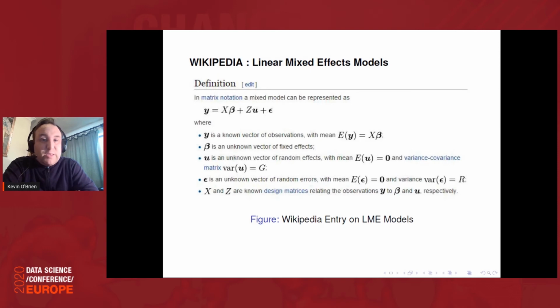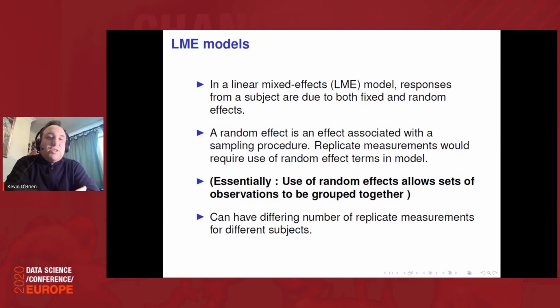Now, there's quite a lot to explain in that, so I'll just say that essentially random effects allow us to incorporate grouping in our modeling. For the purpose of method comparison studies, that's a sufficient simplification. That's all we really need.